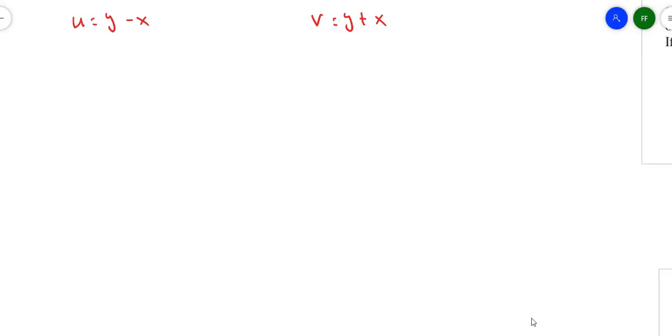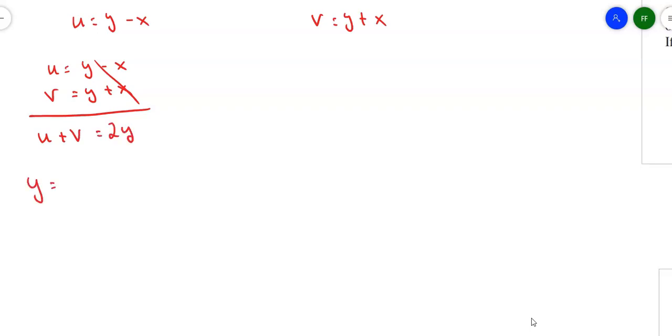Add them together first. If u is equal to y minus x and v is equal to y plus x, if I add those two things together, I get rid of my x. So I get u plus v is equal to 2y. Switch it around, divide by 2, I get y equals half a u plus half a v.